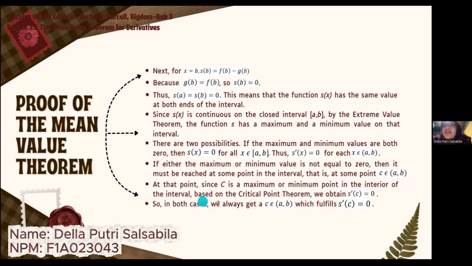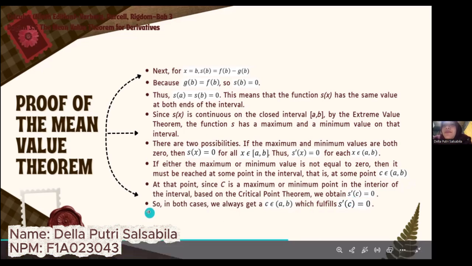Based on the critical point theorem, we obtain s prime of c equals 0. So, in both cases, we always get a c in the open interval from a to b which fulfills s prime of c equals 0.